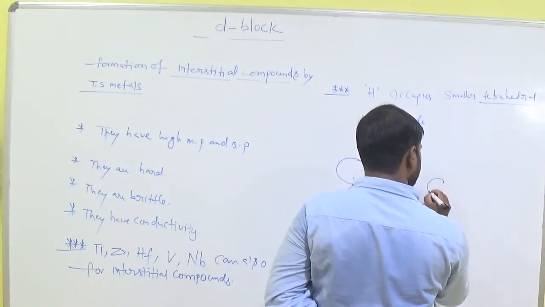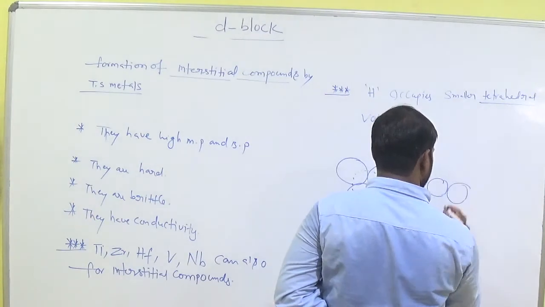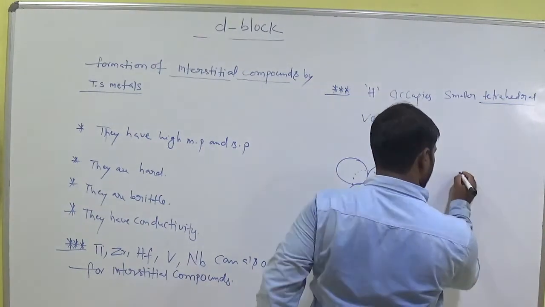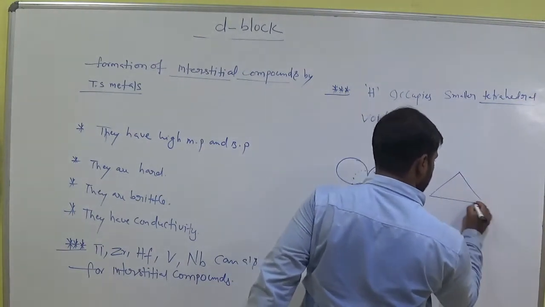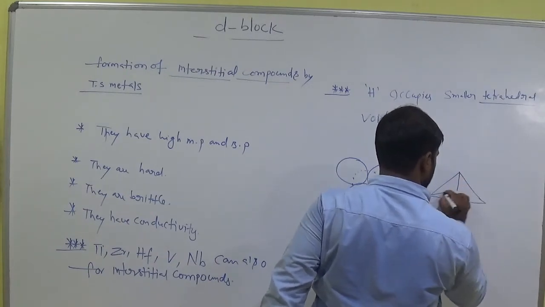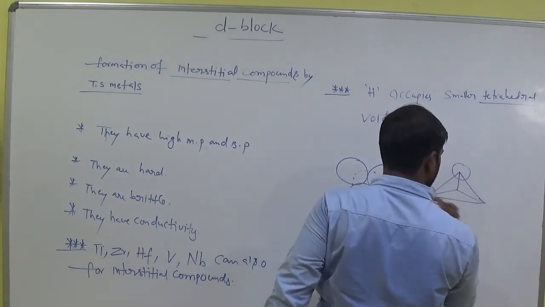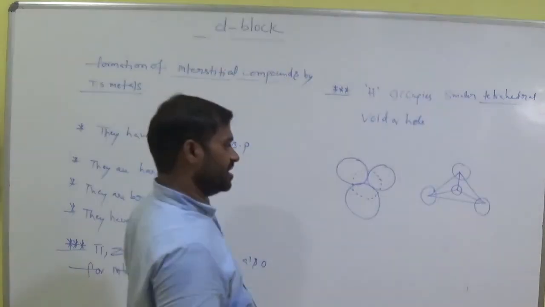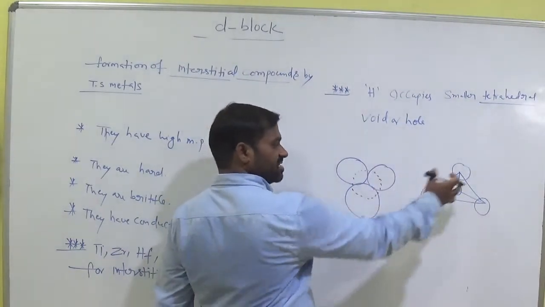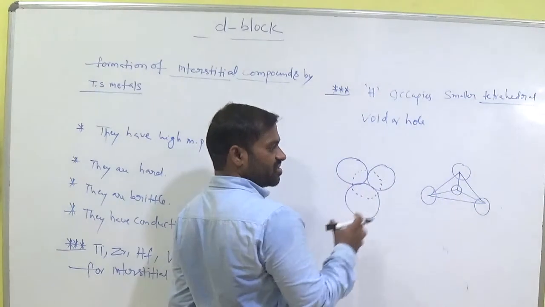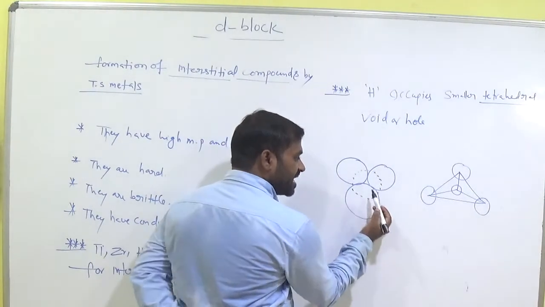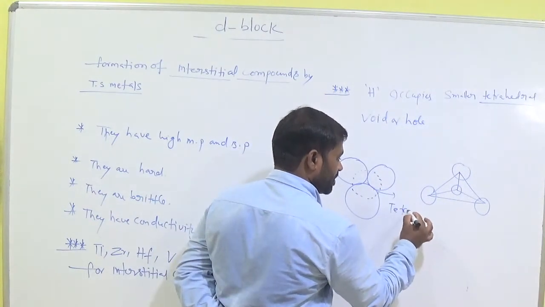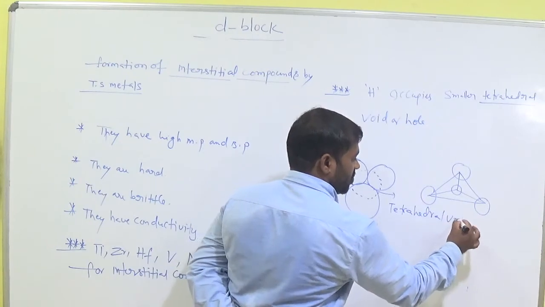Simple. This is 1, this is 2, this is 3. That means this arrangement is simply like this, a tetrahedral arrangement. This dotted line, these are the three atoms. This arrangement is called a tetrahedral arrangement here. Now there is a gap, this void is called a tetrahedral void or hole.